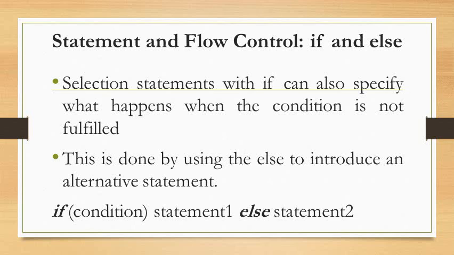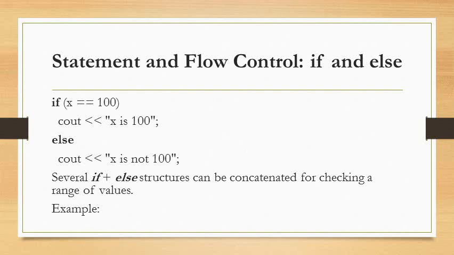A selection statement with if can also specify what happens when the condition is not fulfilled. This is done by using the else to introduce an alternative statement. If condition, statement 1, else statement 2. So look at the simple example that demonstrates the if and else.